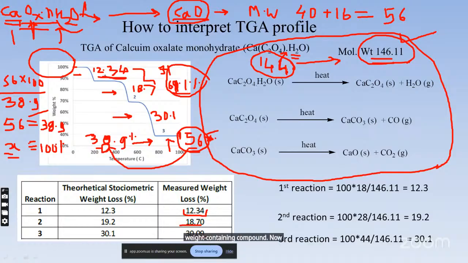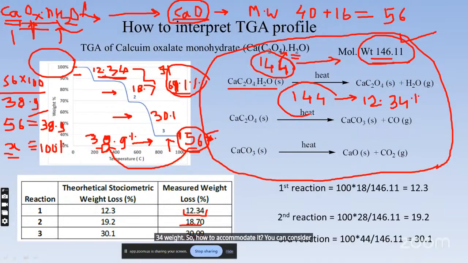Now we have to build a knowledge. For example, if this 144 will undergo a change of weight by 12.34, how to accommodate it? You can consider this as 100%, then this is 12.3%. So if 144 correlates to 100, then what will be the molecular weight of a species related to this 12.3?